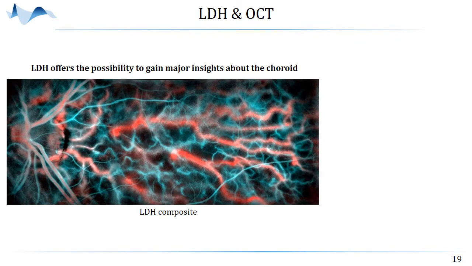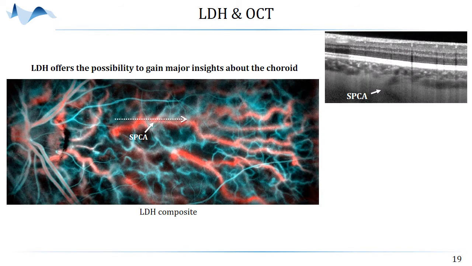So what do we see exactly with laser Doppler holography? Well, to study that question, we made a comparison with SD OCT. So we looked at the area where we see the choroidal arteries emerging, at least with this red contrast here. And in this area, we were able to identify the short posterior ciliary artery coming in from the sclera into the eye.